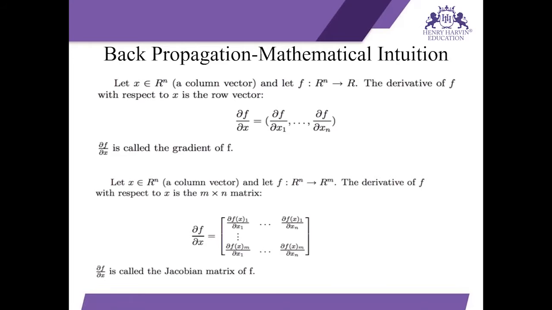And what we are saying here is how the function will change if I change the first component of the input, which is encoded by the first component of the gradient vector. The second component encodes how the function will change if I change the second component of the input vector, and so on.